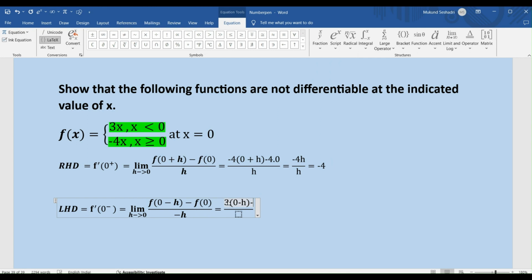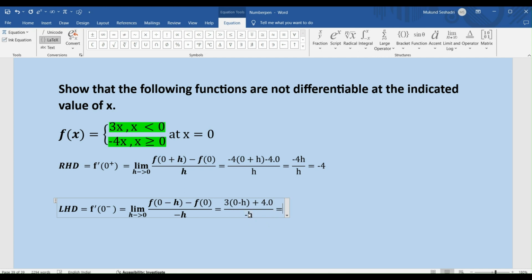And what is my f of 0? My f of 0 is what we calculated in our RHD. It is again minus 4x. So I have a minus of 4x, which is minus 4 into 0, which means I have a plus 4 into 0, right? And I still have my h in the bottom, which is a minus h.